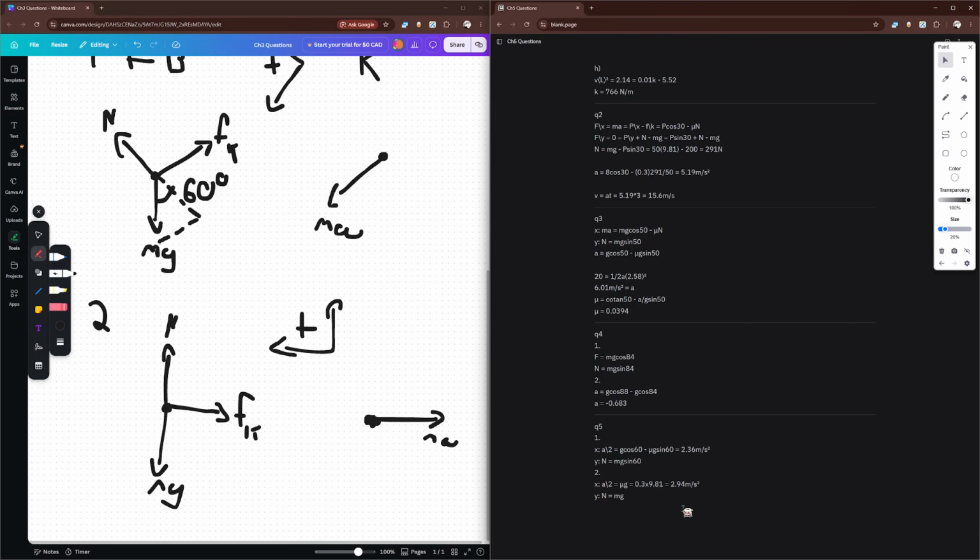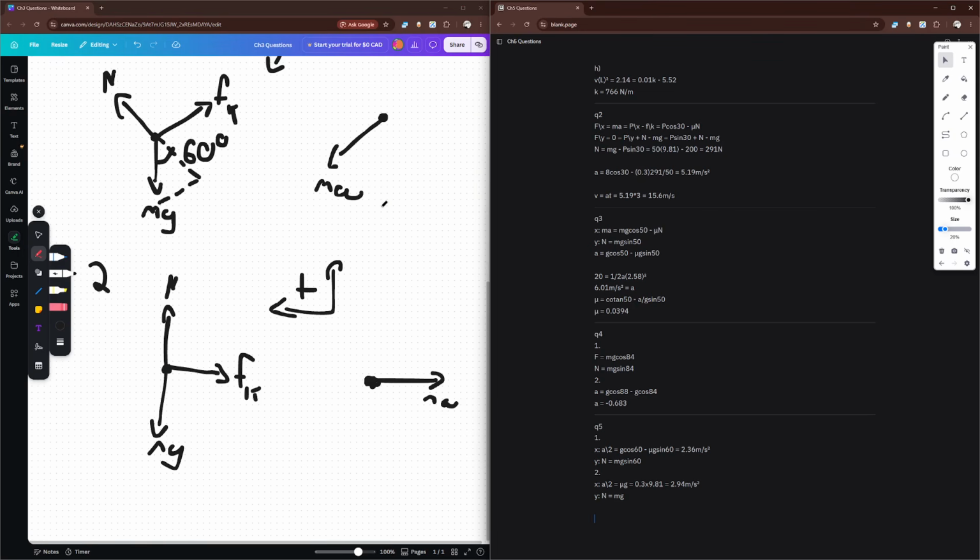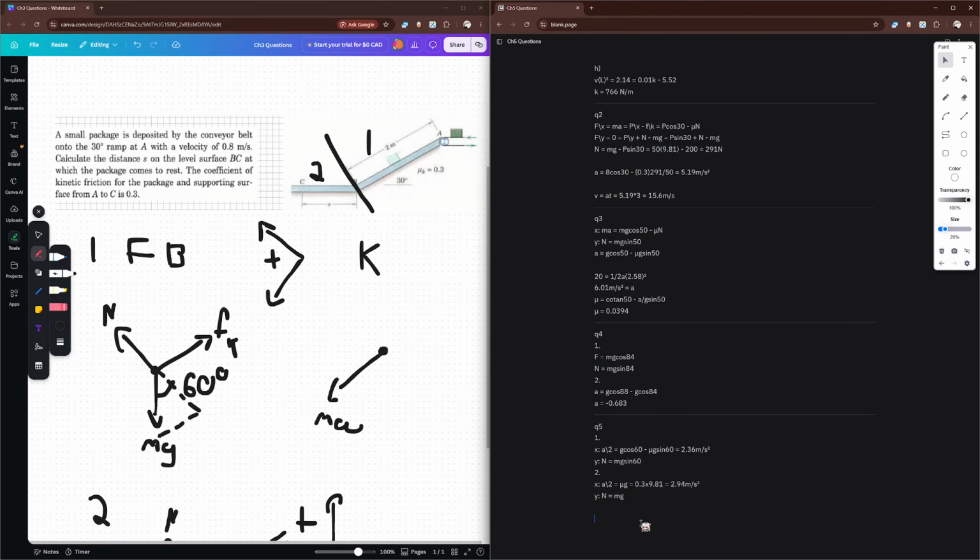So we need to find the distance s. To do that, we need to find the velocity it has when it gets to B. We can use that as our initial velocity to find the distance it goes here. So we know that V squared is equal to V naught squared plus 2as, since s naught is 0.